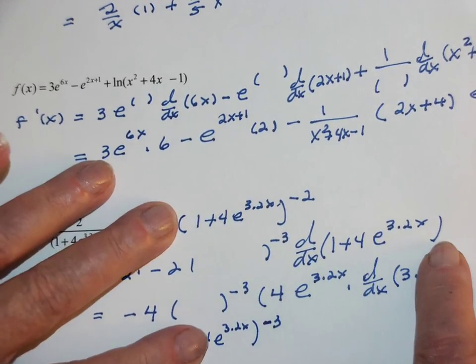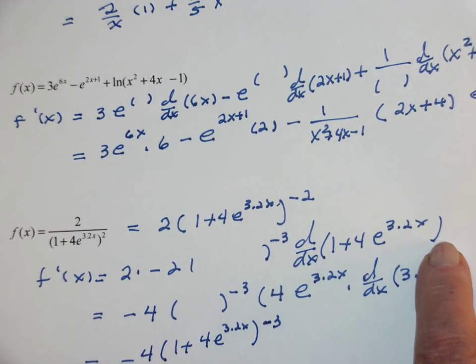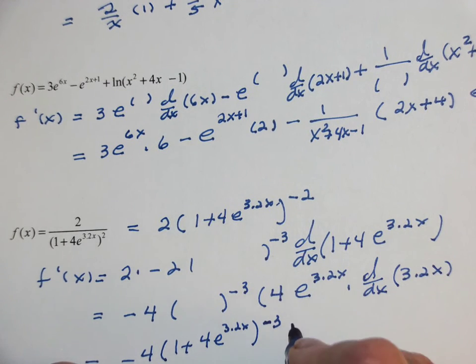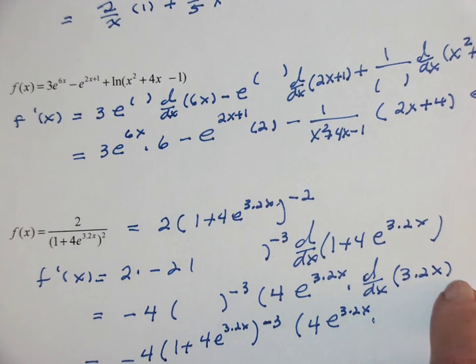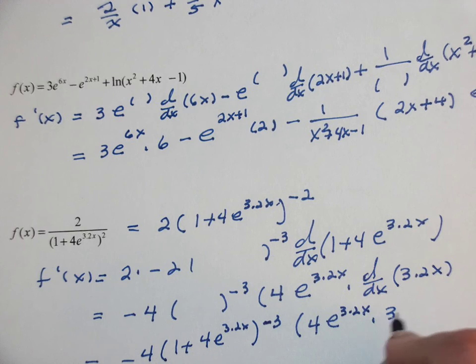Now the derivative of 4 e to the 3.2x times the derivative of 3.2x is just 3.2.